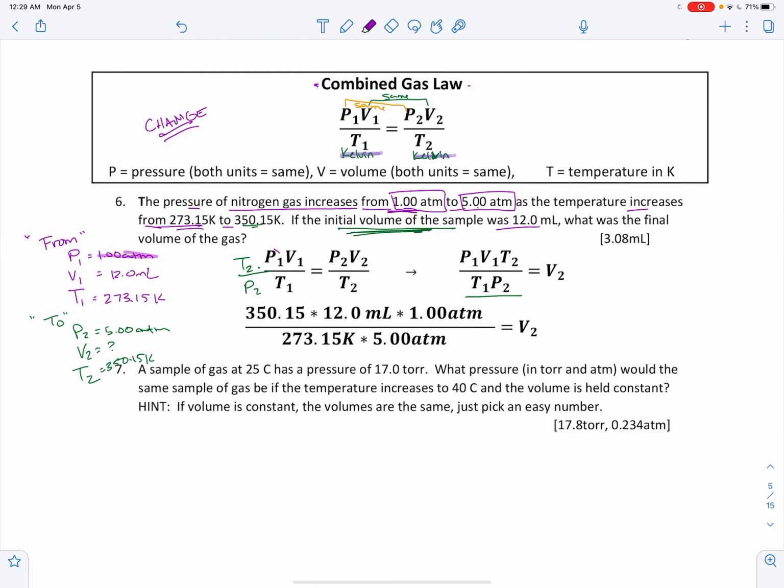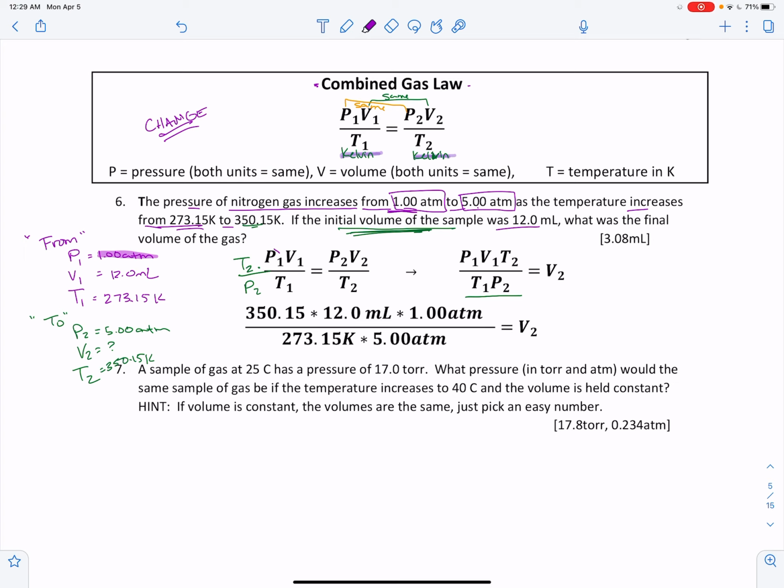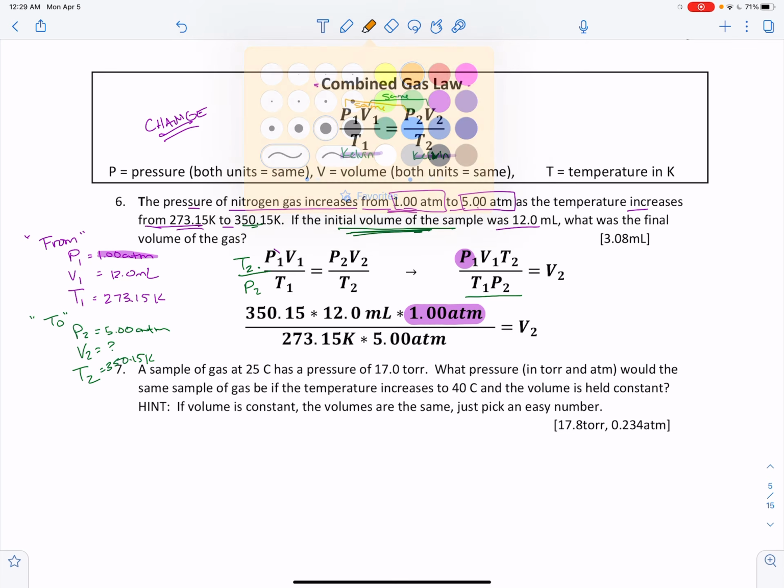That's our P1, ATMs. So right here's my ATM. It should have probably matched perfectly. That's where it is in the equation. And then we've got our V1.